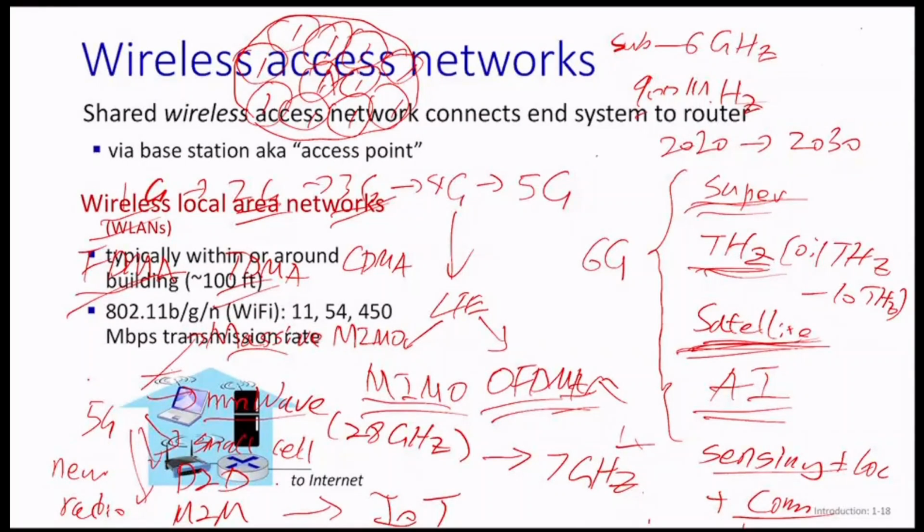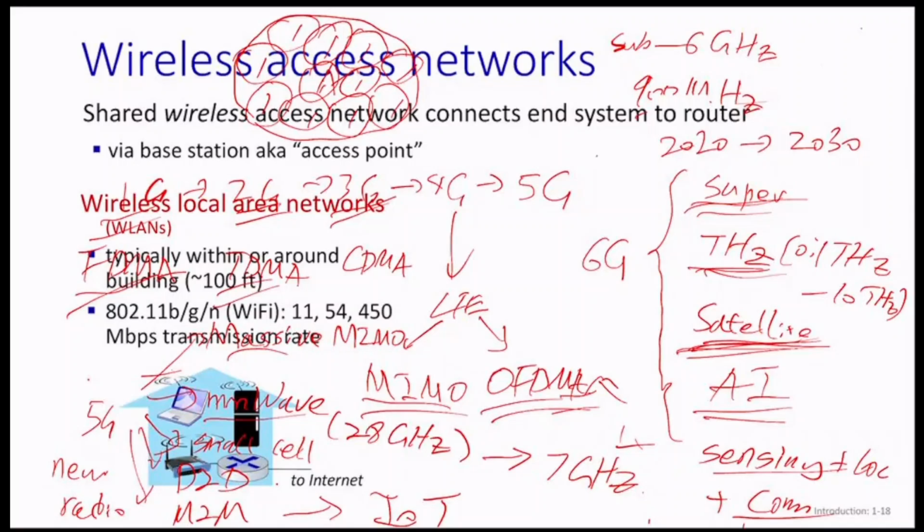For this, we need to continue extending our wireless system to provide higher internet speed using more antennas, large bandwidth with terahertz, considering satellites, using AI to control it, and designing sensing, localization, and communication together.